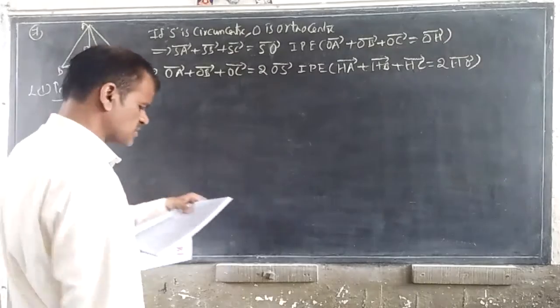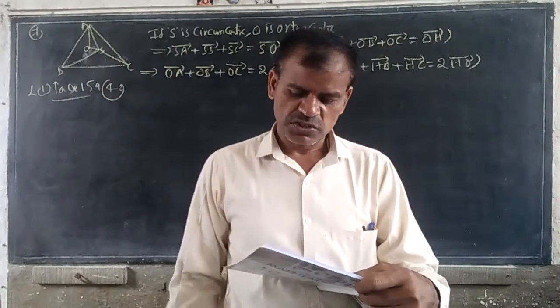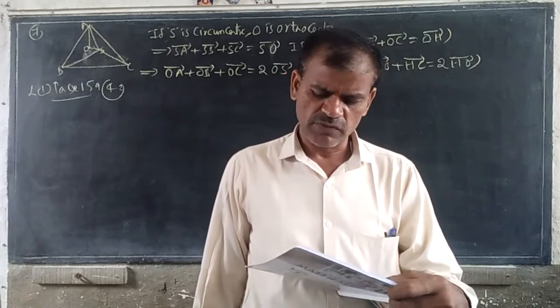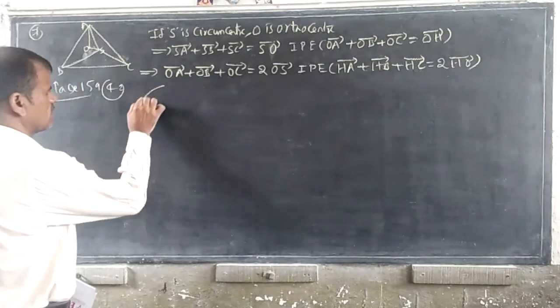If O is a circumcenter and O dash is orthocenter, students, so the names change here also. O is circumcenter, O dash is orthocenter of triangle ABC. If AP is the circumdiameter.